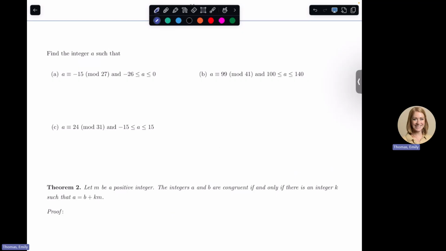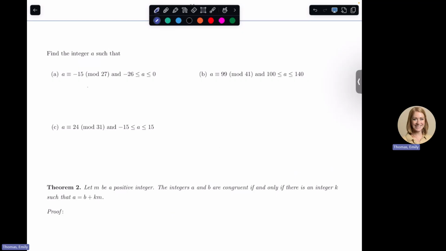Think about coterminal angles: 30 degrees is the same as 390, because you've moved a whole rotation. A whole rotation here is 27 units. So you're moving a full rotation from -15 to the next one. You could add or subtract full rotations, so add or subtract 27.